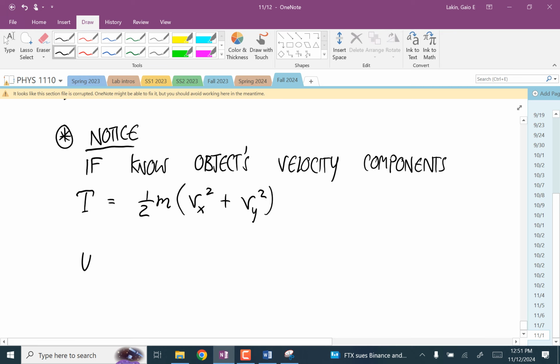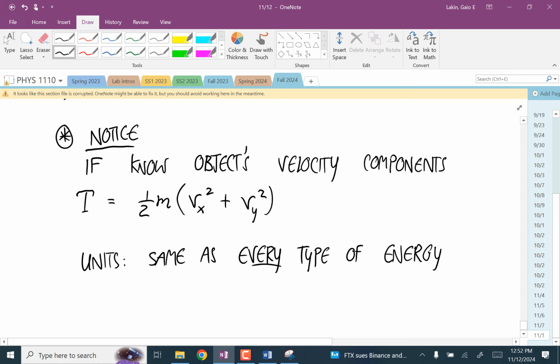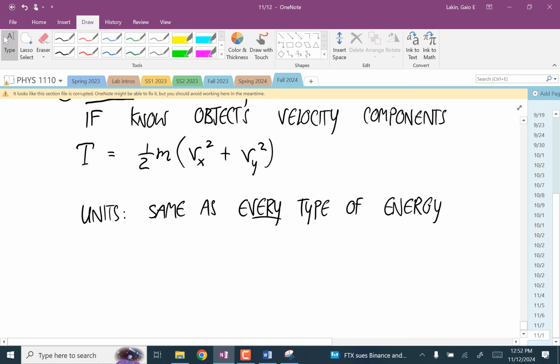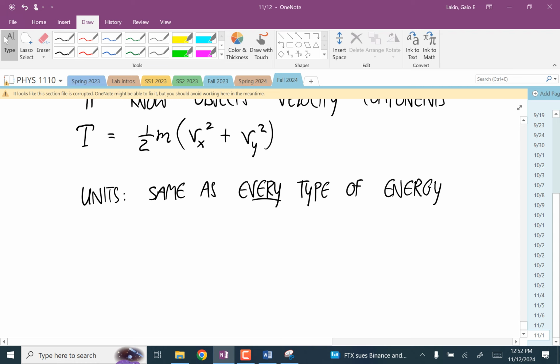The units are the same as every type of energy. And there's a few different ways to calculate this. You can do it as units of force times units of length.